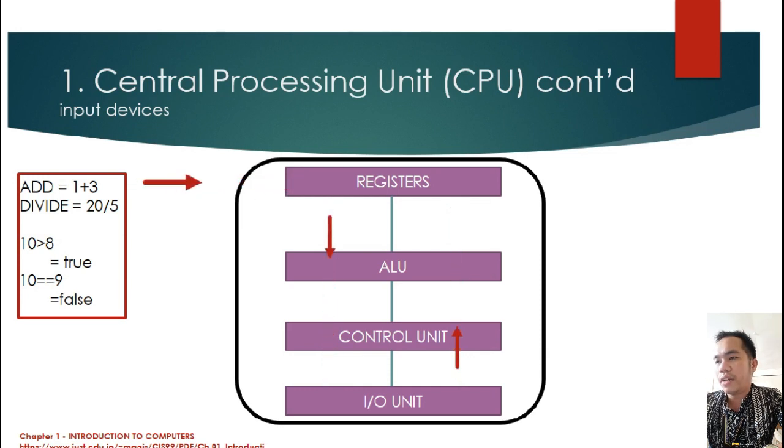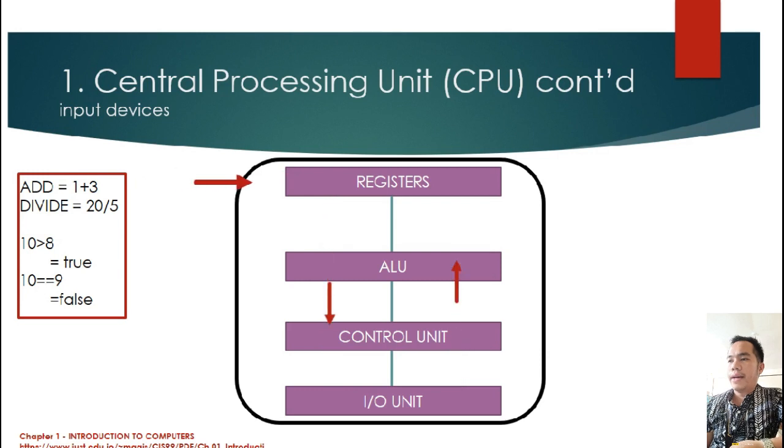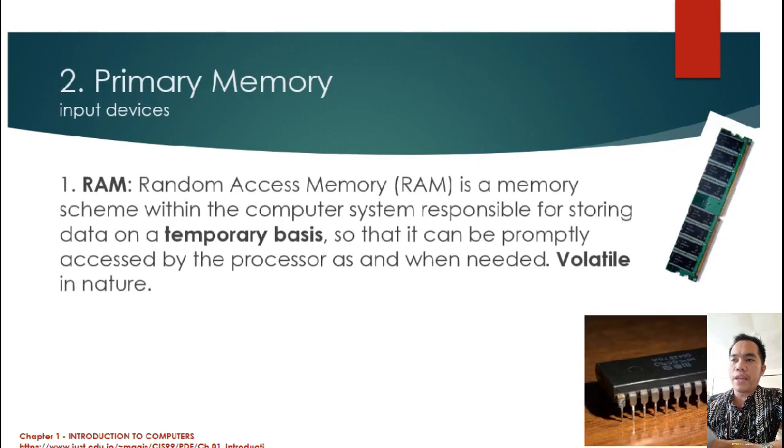So, after that, the result is now executed, dadaan sa IO unit. So, yun yung my own explanation regarding these three main parts of the computer CPU, the registers, ALU, and control unit. Now, let's proceed. The primary memories.